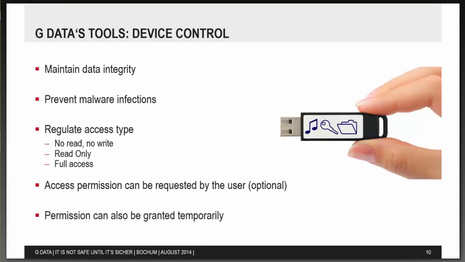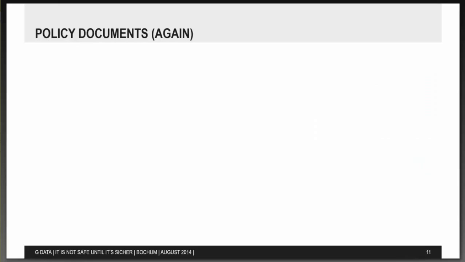But as with all mechanisms that allow for exceptions, exceptions should be used sparingly in order to maintain your overall security. And coming back to your policy documents, yet again, any exclusions that you make should be documented in order to save yourself a lot of work on the back end if things go pear-shaped.